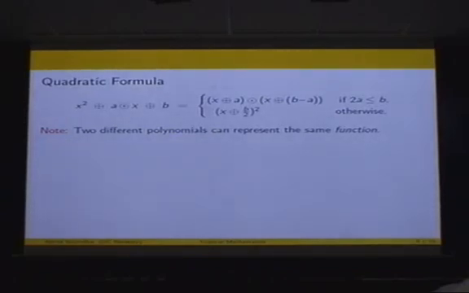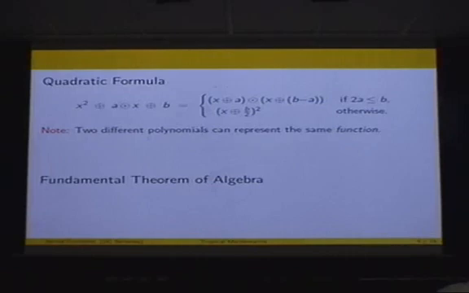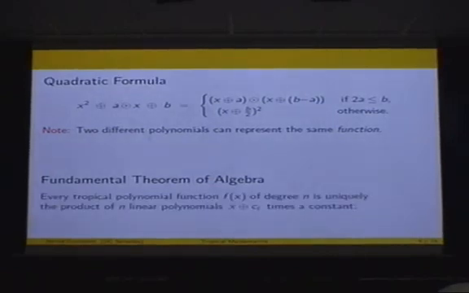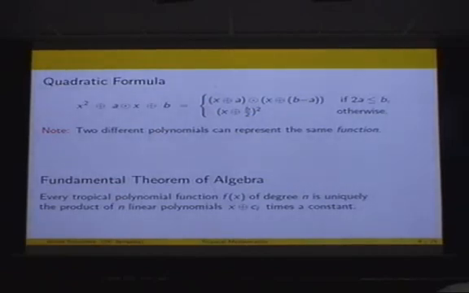Which brings us to homework 1, the fundamental theorem of algebra. So the first homework is for you to prove the fundamental theorem of algebra. So the fundamental theorem of algebra says that every polynomial function f of x of degree n can be written uniquely as the product of n linear polynomials, x plus ci, times a global constant.